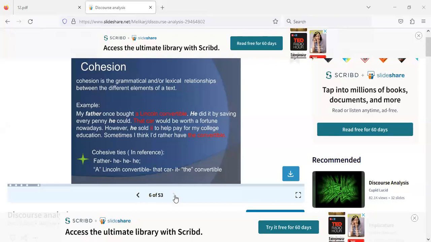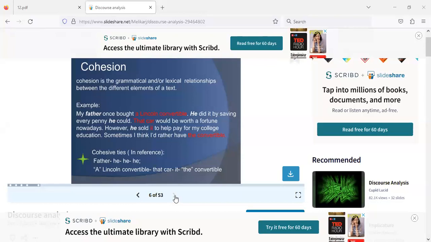Right. So when the writer says however, when you read this connector, you get the idea. Now, already he had sold this, and with the last sentence you get the idea that the writer wishes to have this car at present also.